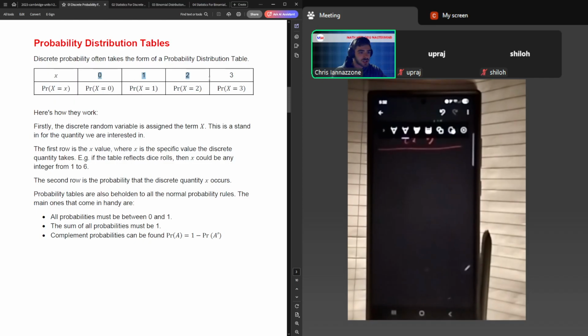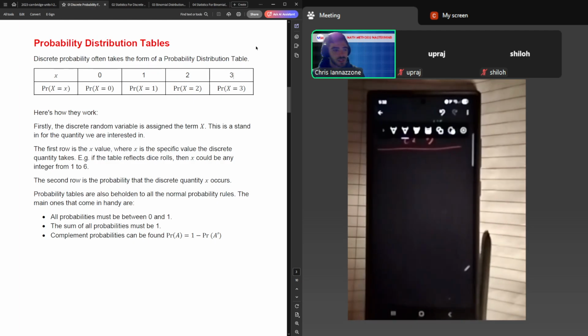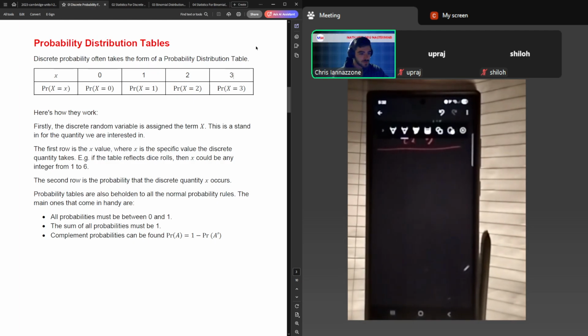So in this particular scenario, there are 4 different outcomes, 0, 1, 2, and 3. For example, if I were picking balls out of a jar and there's a red ball or a blue ball, this could be the number of red balls that I pick out of the jar on 3 consecutive picks. That's what this could potentially represent.